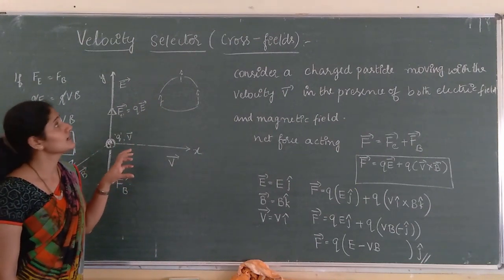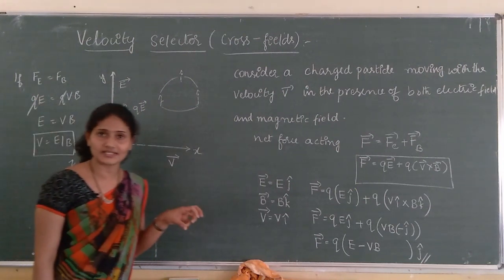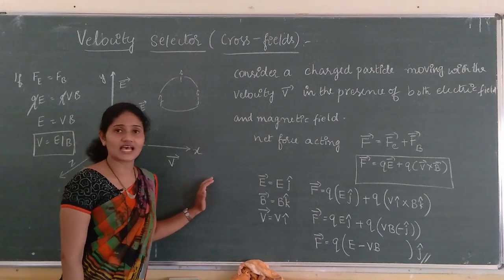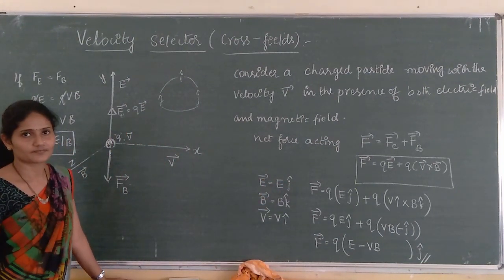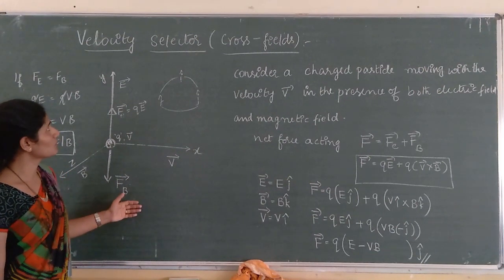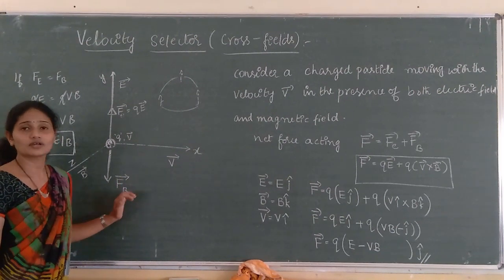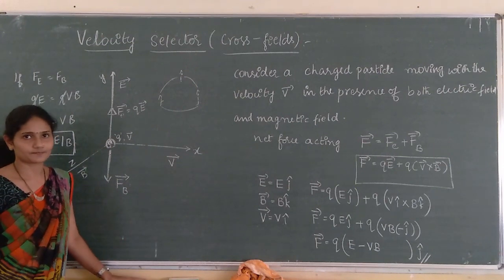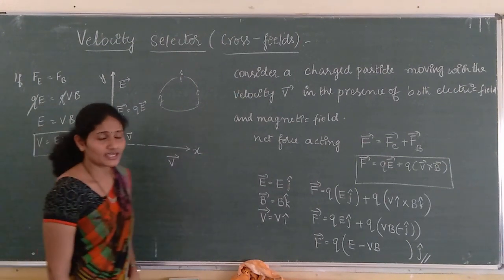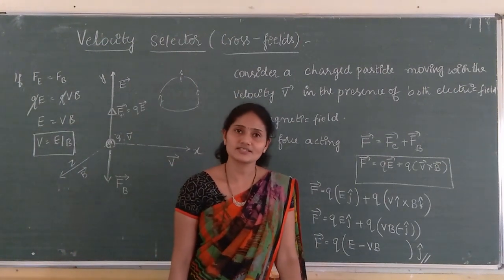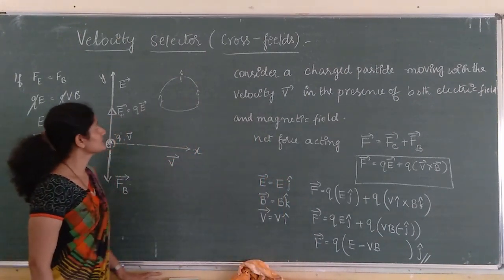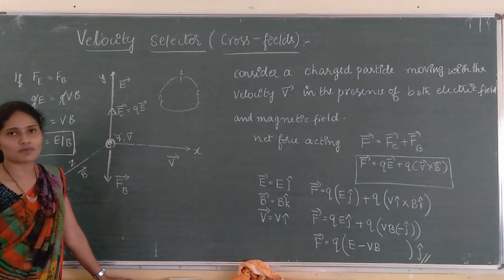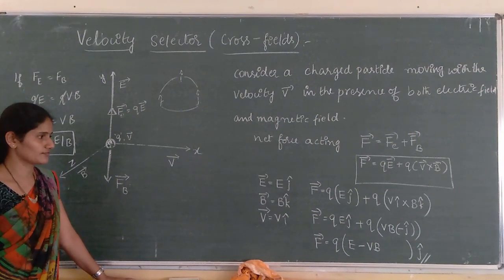That means we can select a charged particle moving with the desired velocity. So, this is about velocity selector or crossed field. This technique is used in case of mass spectrograph.